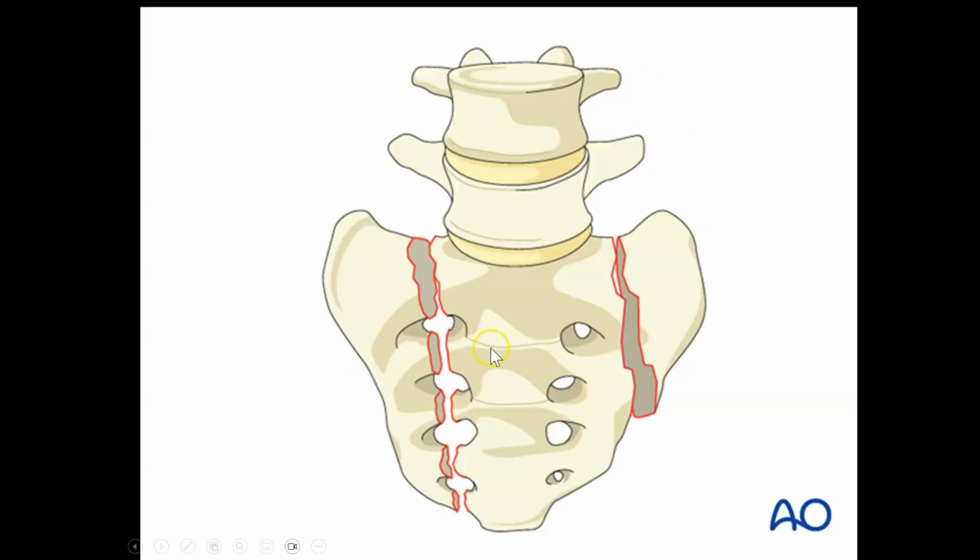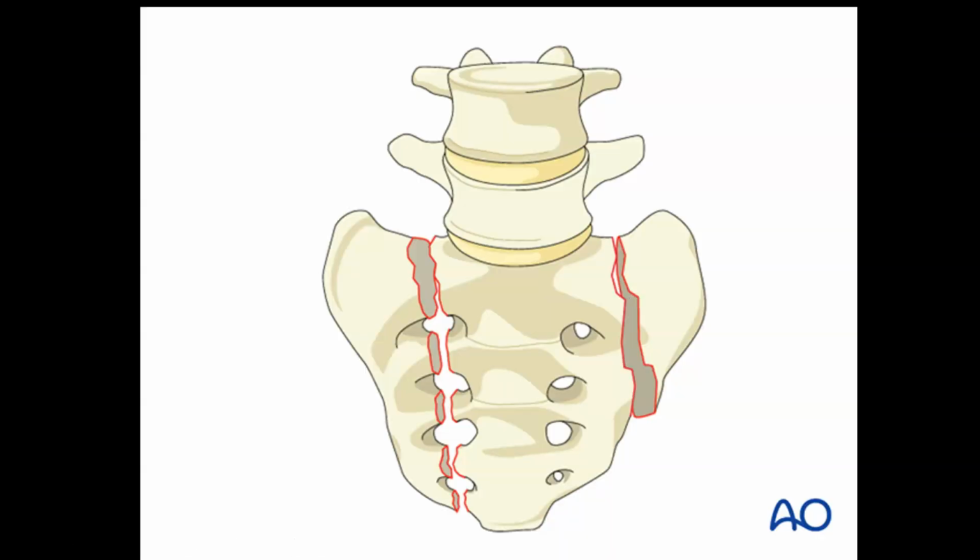Here it is involving the foramina. Here it is lateral to the ala, lateral to the foramina. Whenever we have two vertical fractures without a transverse component, it becomes C2. Why C2? Because it has two.